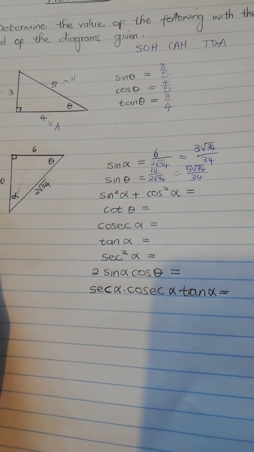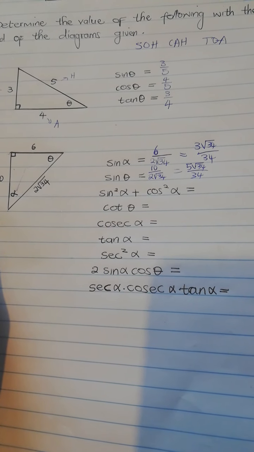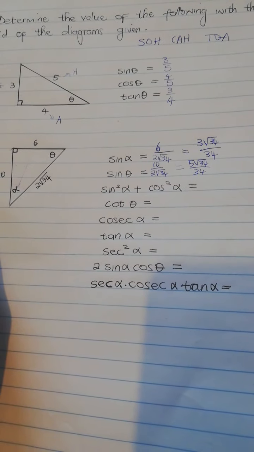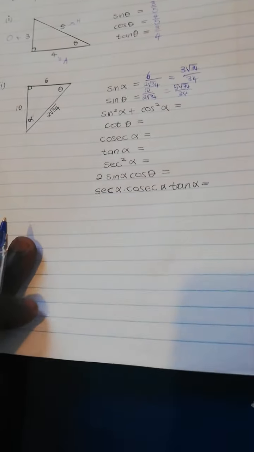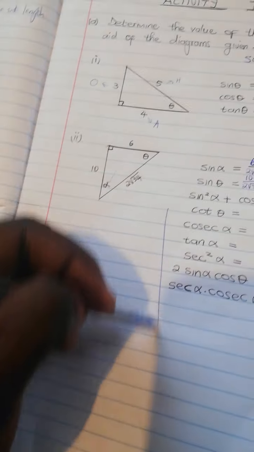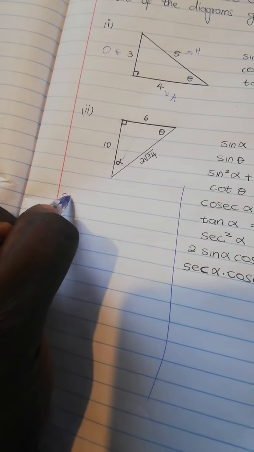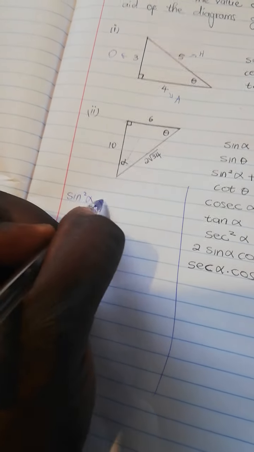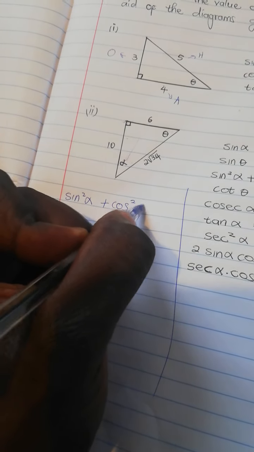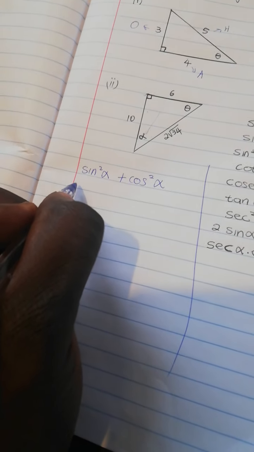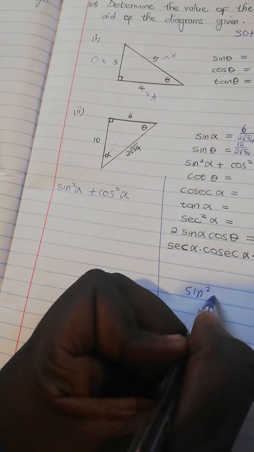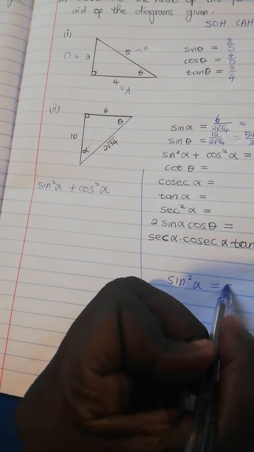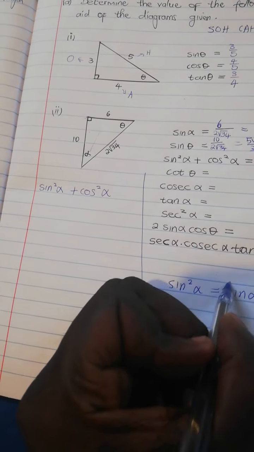Now we find sine squared alpha plus cos squared alpha. When it comes to the squared ones, I think I should do it separately so that we can all see what will happen here. Sine squared alpha is the same as sine alpha to the power 2.